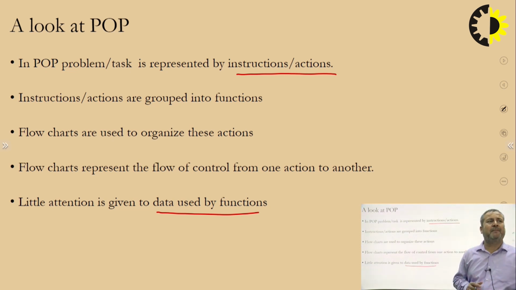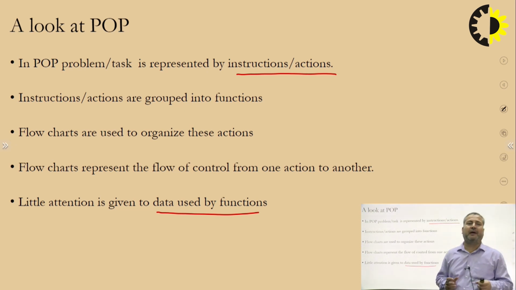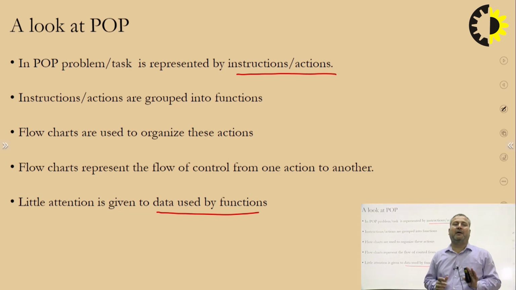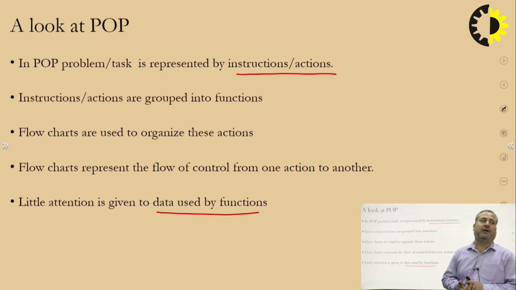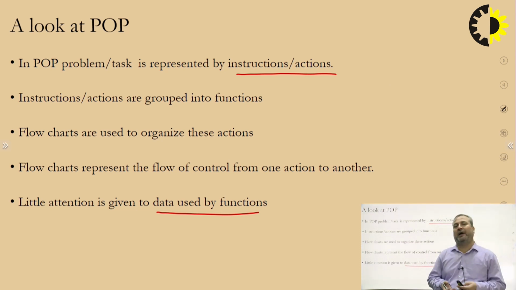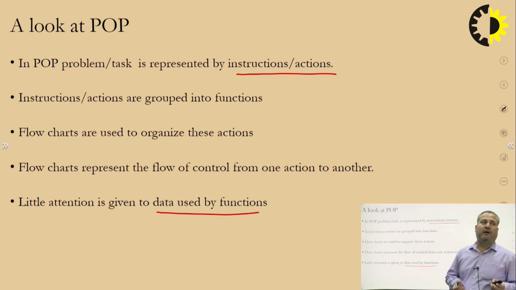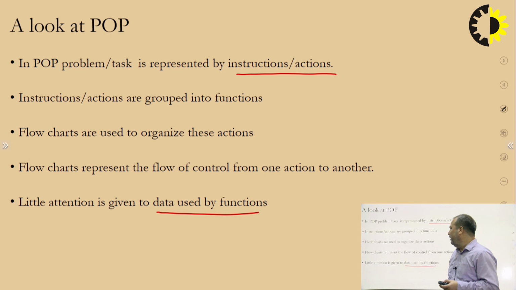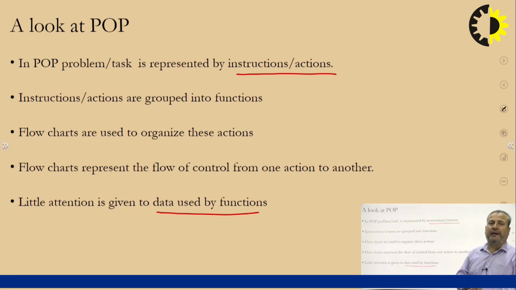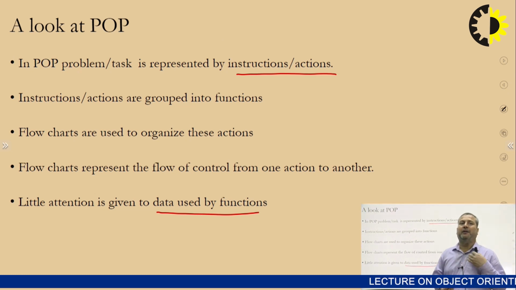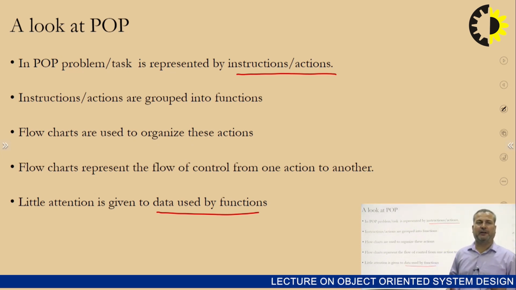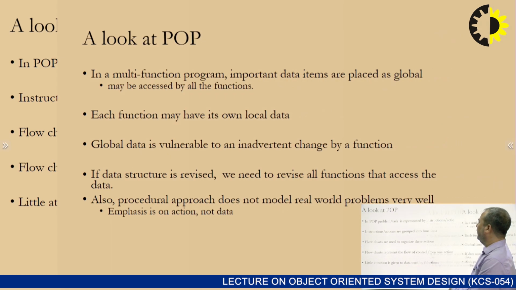In this programming, the problem or task is represented by instructions or actions, and the instructions or actions are grouped into functions, right? A flow chart can be used to organize these actions, and basically a flow chart represents the control flow from one action to another. Very little attention is given to the data used by functions. The main thing is to design or use the functions: how we will create a function, how many functions can be used. So that was the main focus of procedure oriented programming.